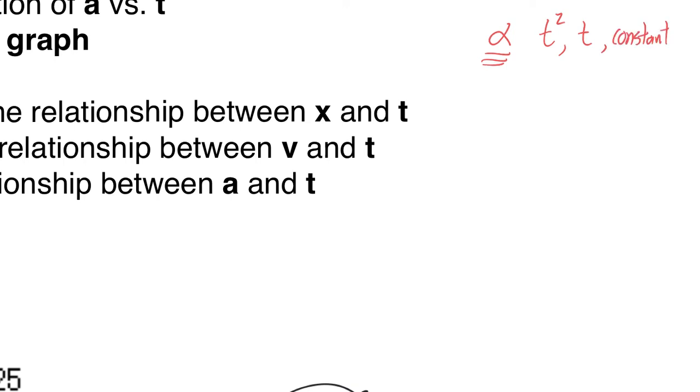And I'd like you to go one step further. You can tell me whether the proportionality is positive or negative. If it's concave down and it's quadratic, it'd be a negative t squared. If the line has a negative slope, it would be a negative t. And if that slope is negative, it would be a negative constant.